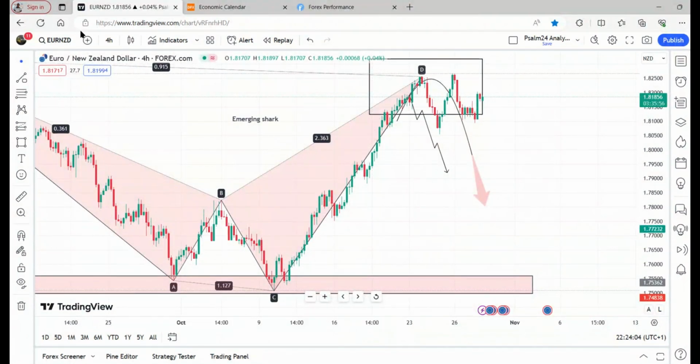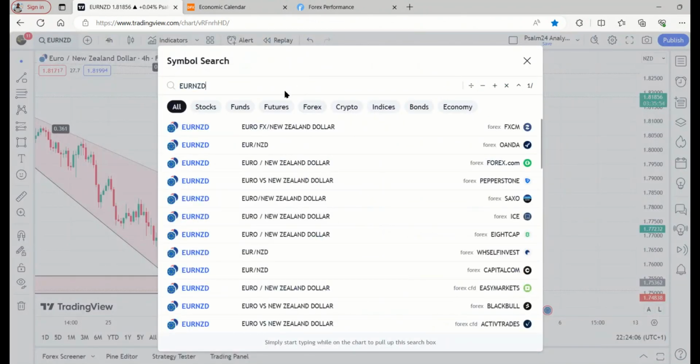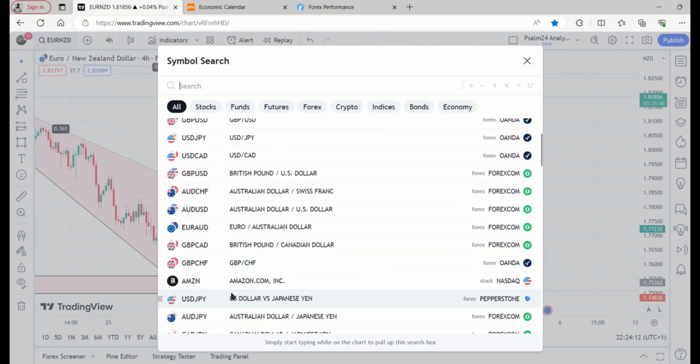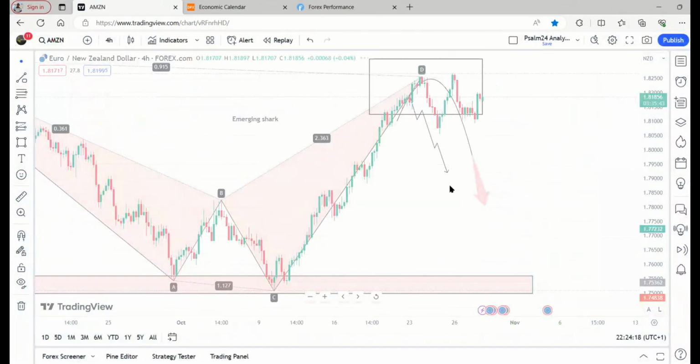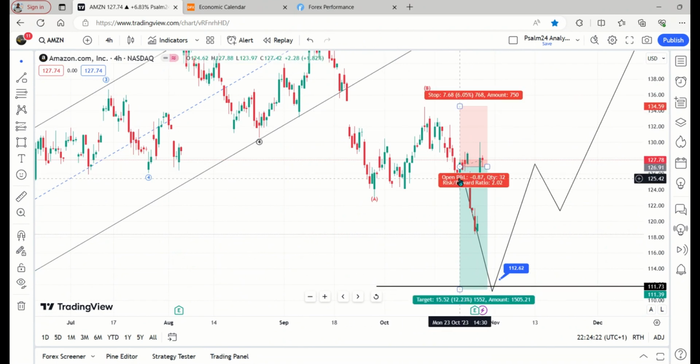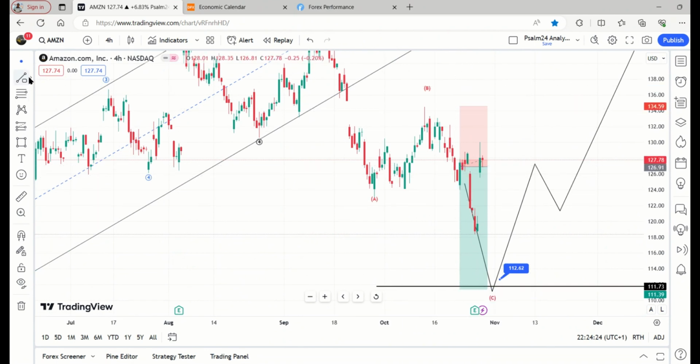All right. So I think we've done all the pairs that we did last week. Is there any other pair? All right. Then we did Amazon updates last week. We said that Amazon was going to drop in wave. This was when we did the analysis on Friday.